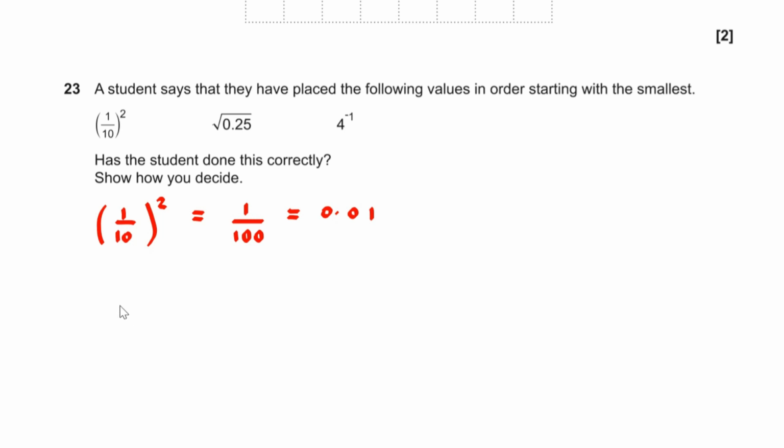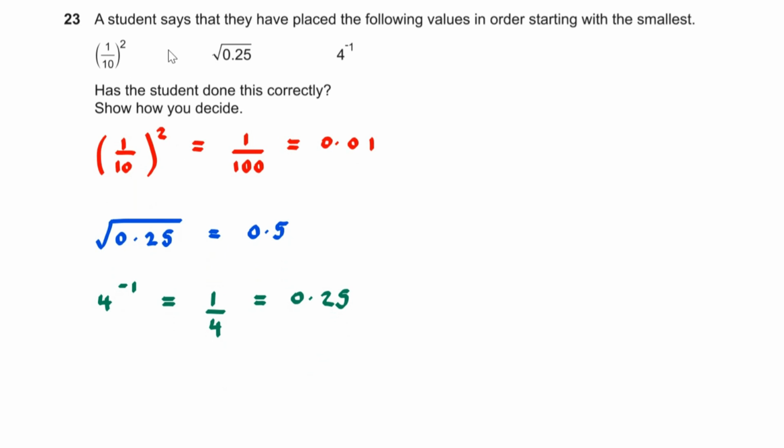Then we have the square root of 0.25, which is 0.5. And then we've got 4 to the power of minus 1, which is the same as 1 over 4, which is the same as 0.25.